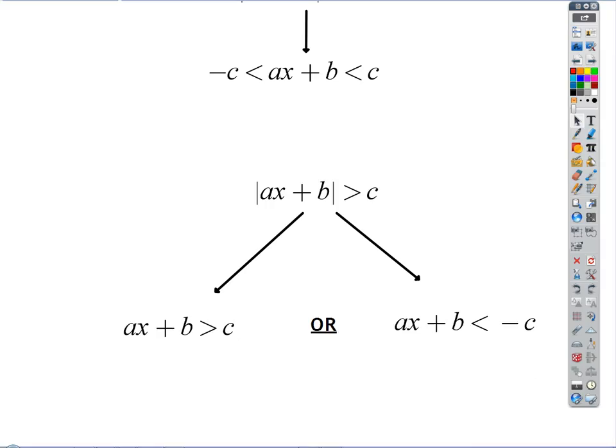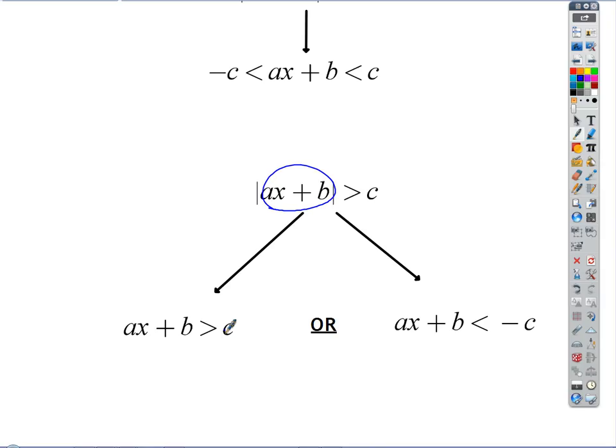If we have the bottom kind, where an absolute value is greater than a number, we get an OR also, slightly different. This time, instead of setting what's inside equal to C or negative C, what's inside is either going to be greater than C or it's going to be less than negative C. Think about it as being extreme here.